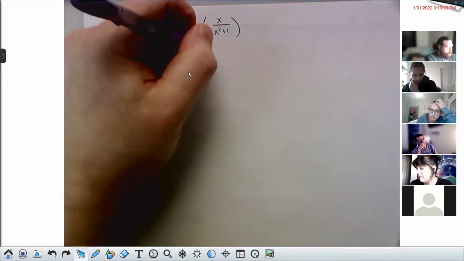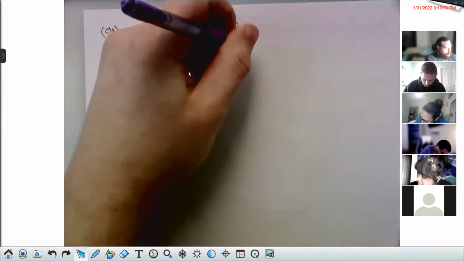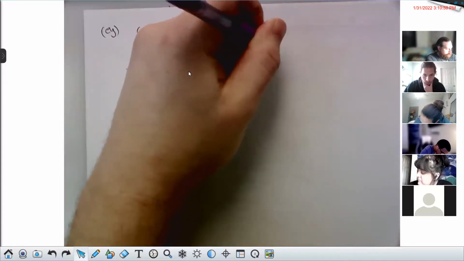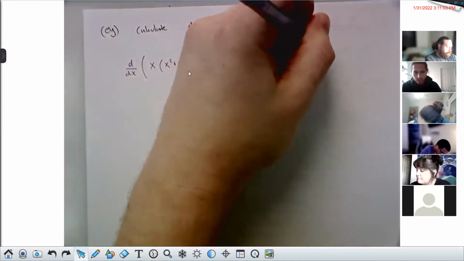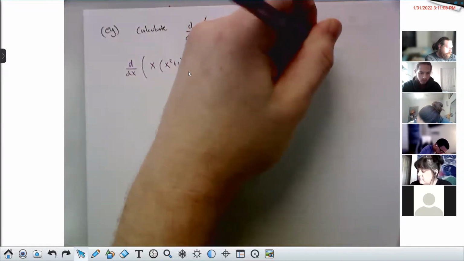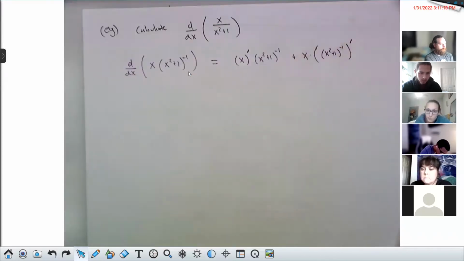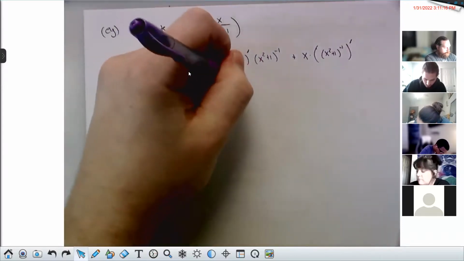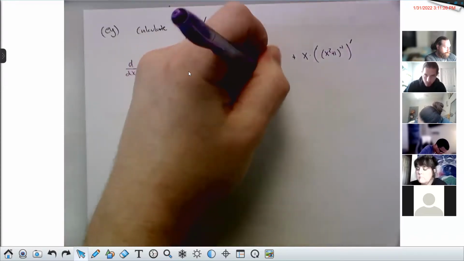So applying the product rule, I would get the derivative of x times x squared plus 1 to the negative 1 plus x times the derivative of x squared plus 1 to the negative 1.